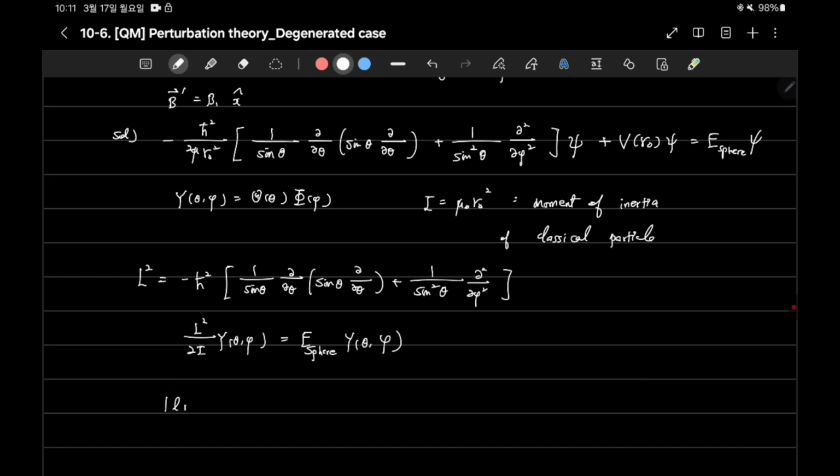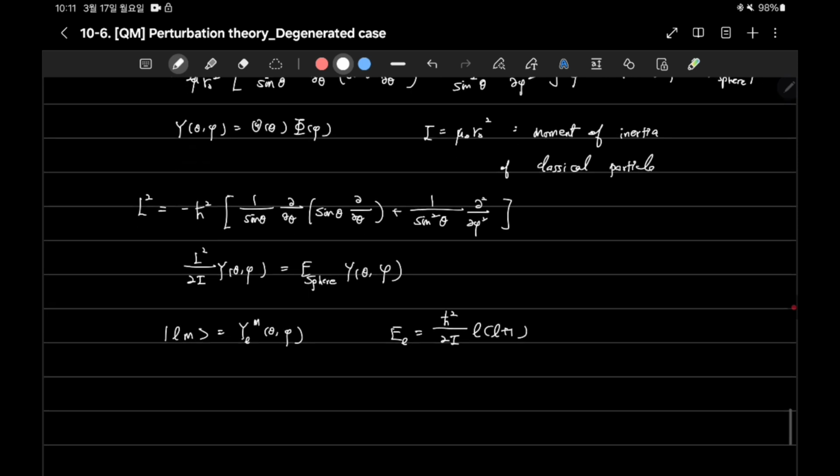We already know the lm state, Y_lm(theta, phi), with energy h bar squared over 2I times l(l+1). Here we apply the perturbed Hamiltonian H prime equal to minus mu_L dot B, the perturbation by the magnetic field B prime.